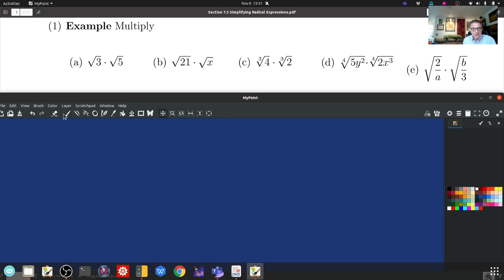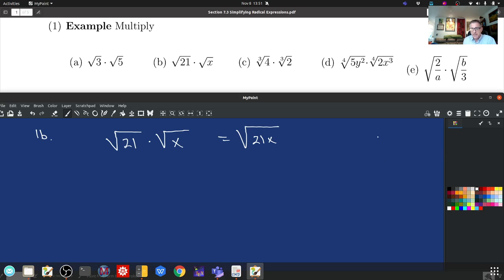So let's do 1b. You should try to mimic this on your own. Again, we're using the square root, so the index is assumed to be 2. The square root of 3 times the square root of 7 is equal to the square root of 21. There's nothing that can be done to simplify that. Why?